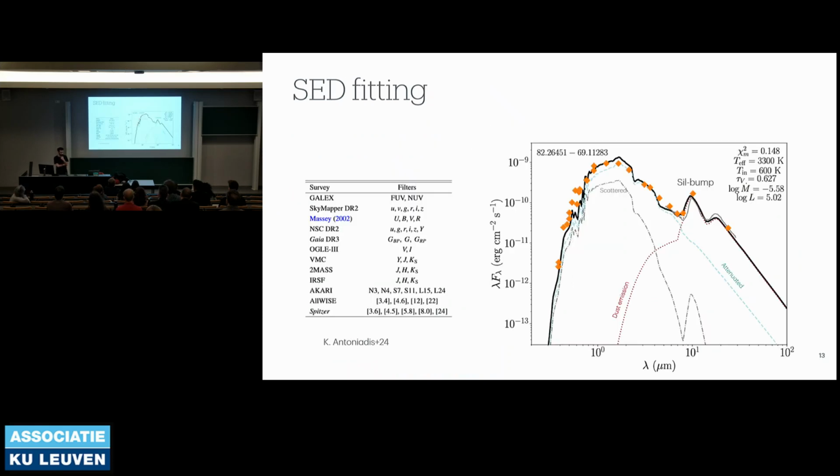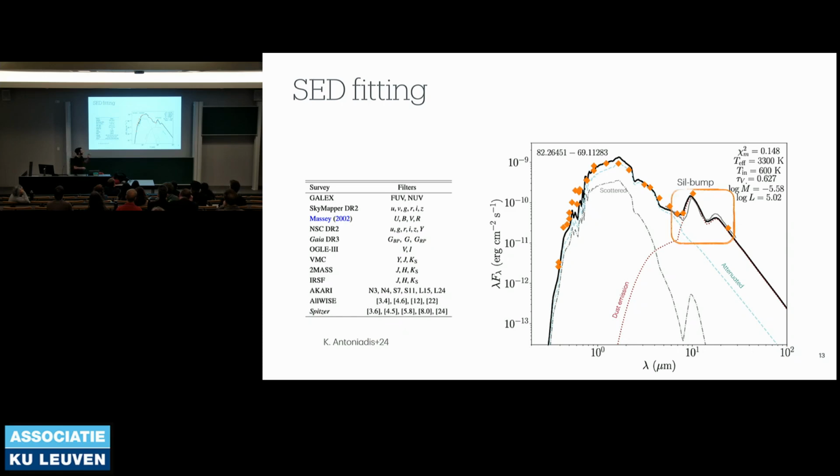And then we proceeded with SED fitting. We gathered photometry from the UV to the mid-infrared to fit the models, shown with a black line. And you can see that the most significant part to derive the dust shell properties is the infrared, where we have the dust emission shown with a dotted line.